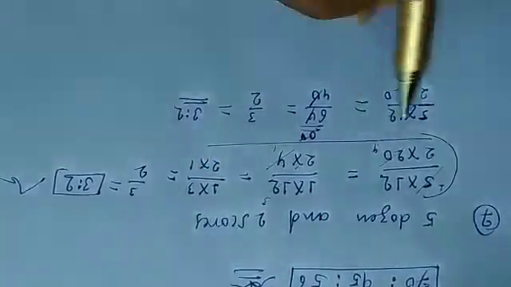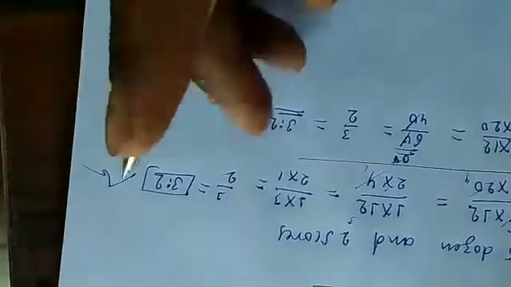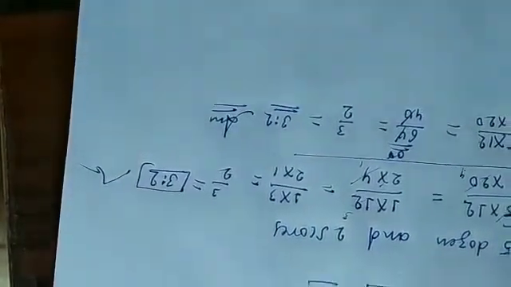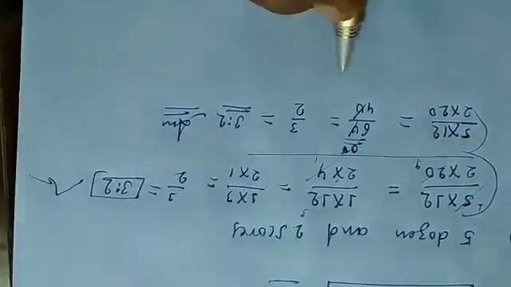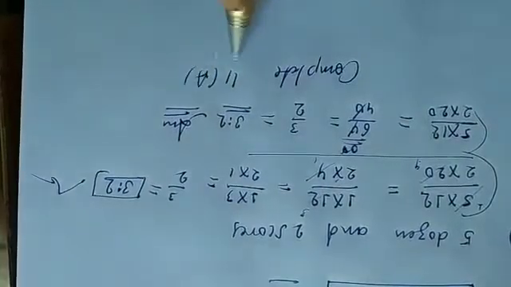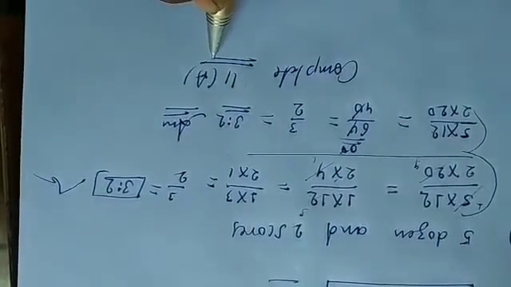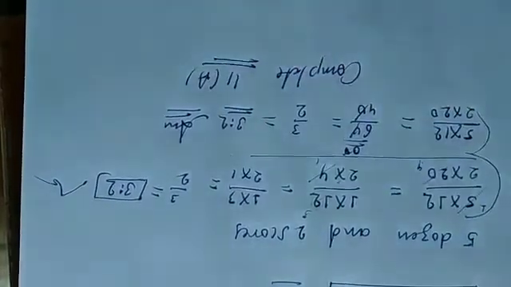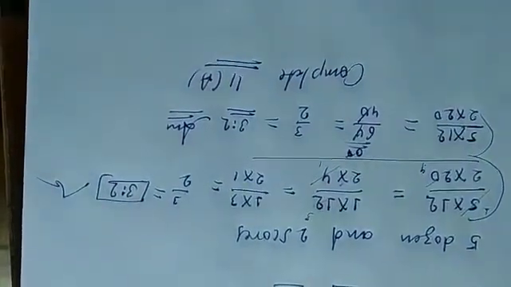Both are the same methods, no issue in this. You can solve by any one method. This is the complete solution of exercise 11a. If you have any type of doubt in this exercise, watch the video 2-3 times. Your doubts will be cleared. Thank you.